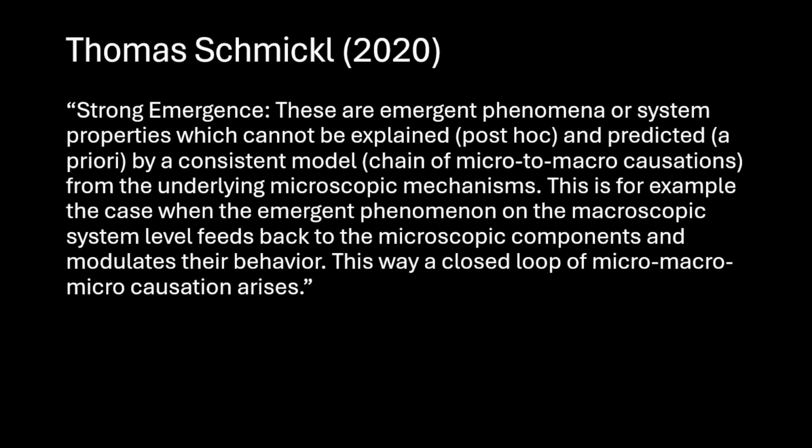So to quote him further regarding strong emergence, these are emergent phenomena or system properties which cannot be explained post hoc and predicted a priori by a consistent model chain of micro to macro causations from the underlying microscopic mechanisms. This is, for example, the case when the emergent phenomenon on the macroscopic system level feeds back to the microscopic components and modulates their behavior.